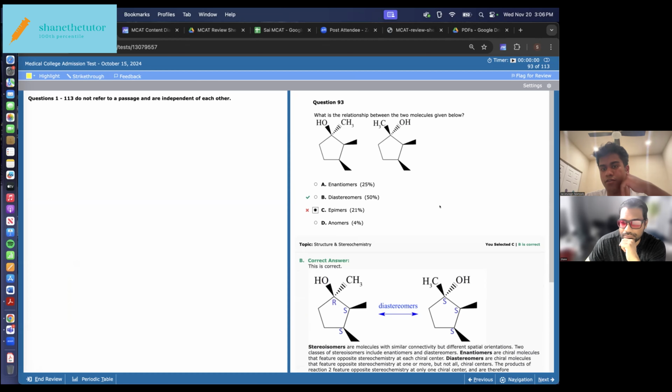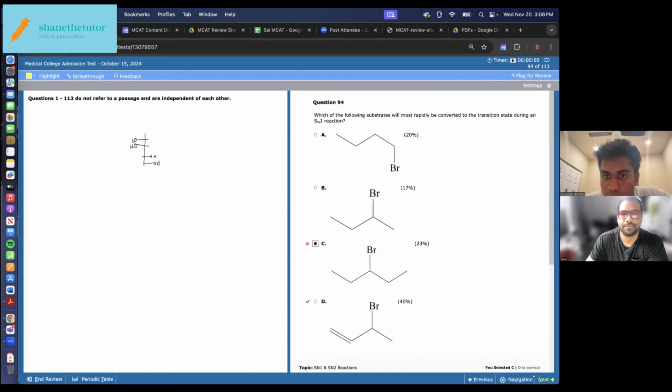For example, this is like the C2 epimer of glucose, which is just mannose. So it's a straight chain, right? Yeah, that's when we can have epimers. But in this case, if it's in a ring, no epimers. Correct. And I got 94.